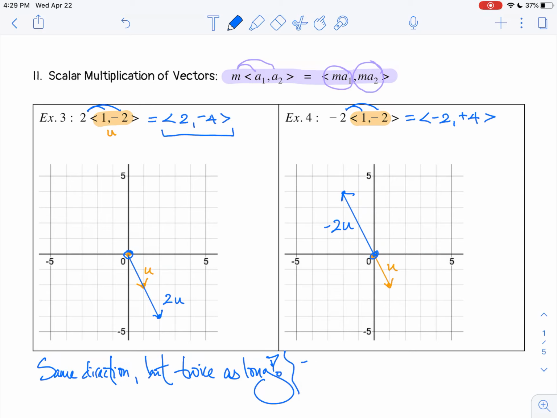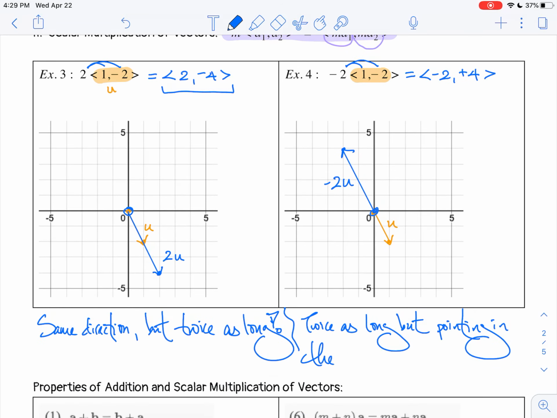Well, -2u is twice as long, but pointing in the opposite direction. All right, twice as long, but pointing in the opposite direction. And that's what that negative means. That negative flips the direction 180 degrees.